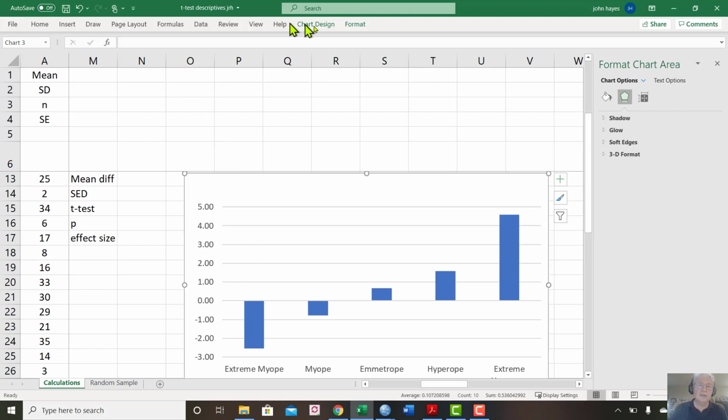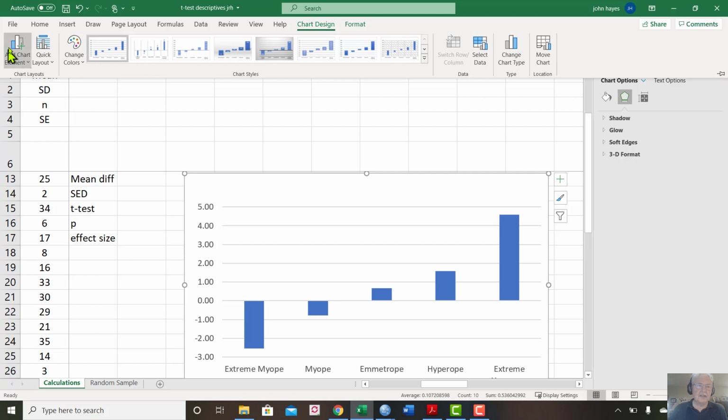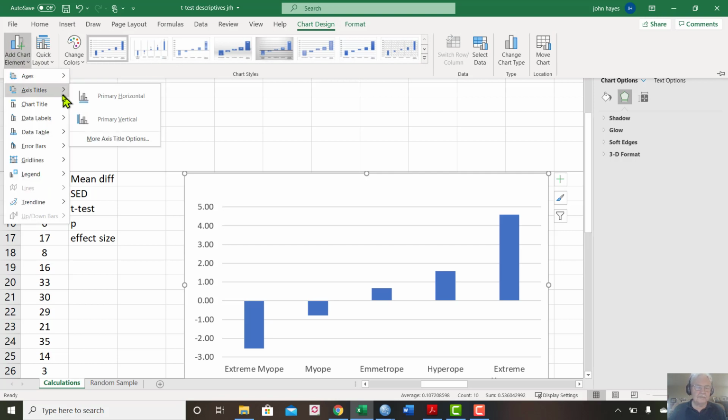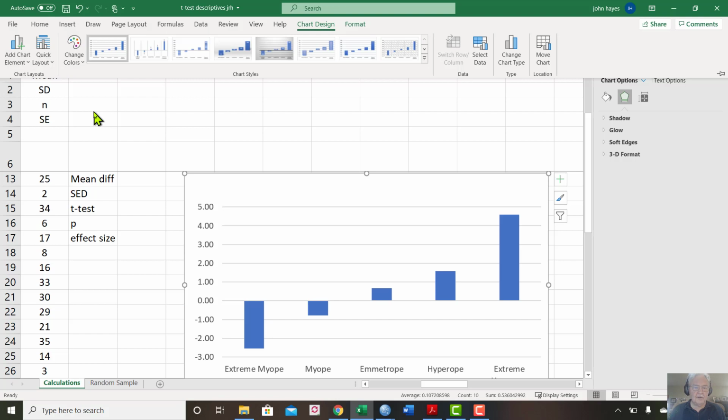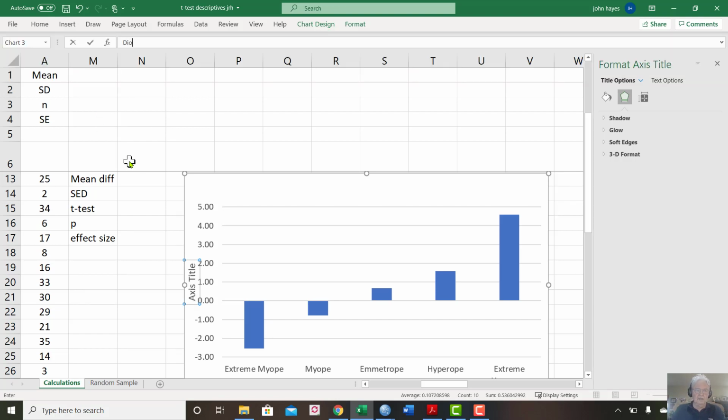We'll come up here to Chart Design, add a chart element. Go to Primary Vertical, and these are diopters. Notice it comes up here, and generally speaking, it's nice. Well, we'll get to the formatting a little bit more later.